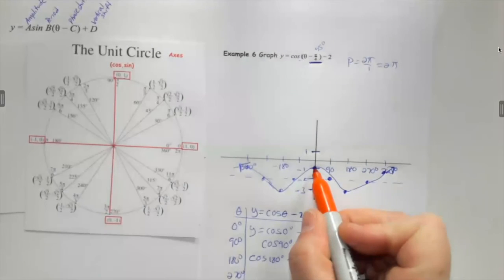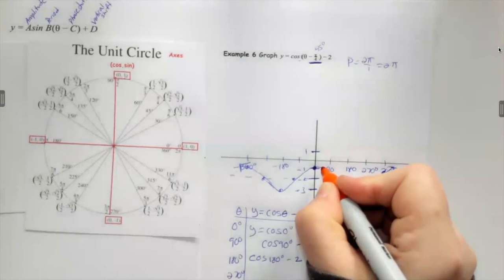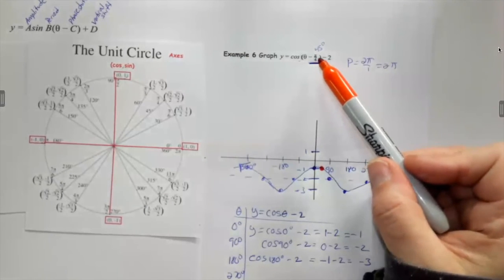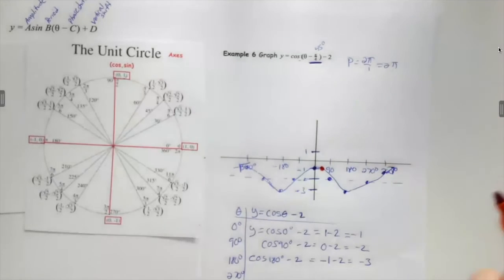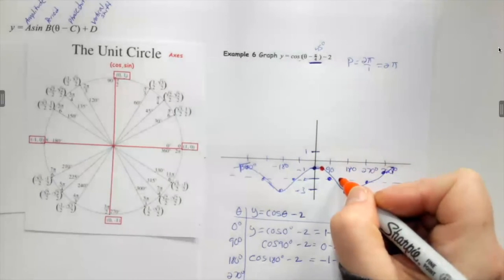When it says minus 45 degrees, that means we are shifting it 45 degrees to the right. I will be shifting all of these over 45 degrees.